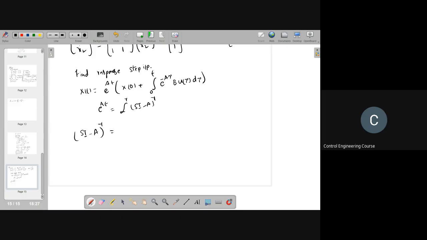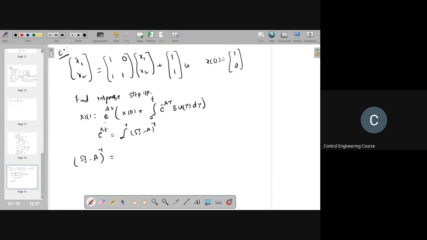That is equal to s times [1 0; 0 1] minus A, where A is [1 0; 1 1].